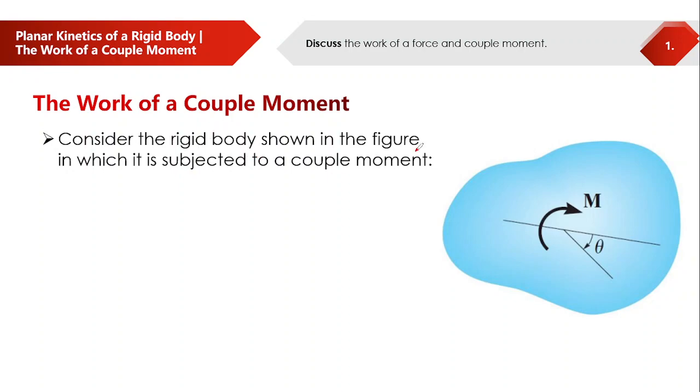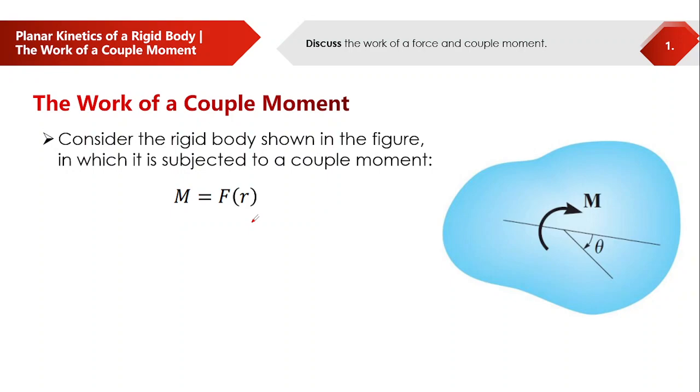Now, consider a rigid body shown in the figure. So, ito yung figure natin. Assume na lang nakikita nyo dyan. So, in which it is subjected to a couple moment M is equal to F times R. Kasi nga, again, when we say moment, that would be your force tsaka yung moment arm niya.